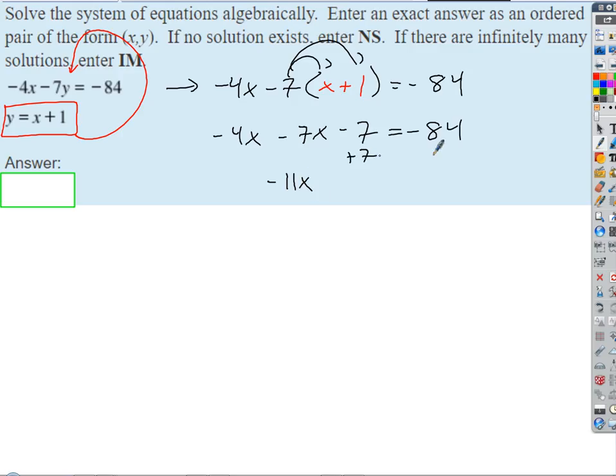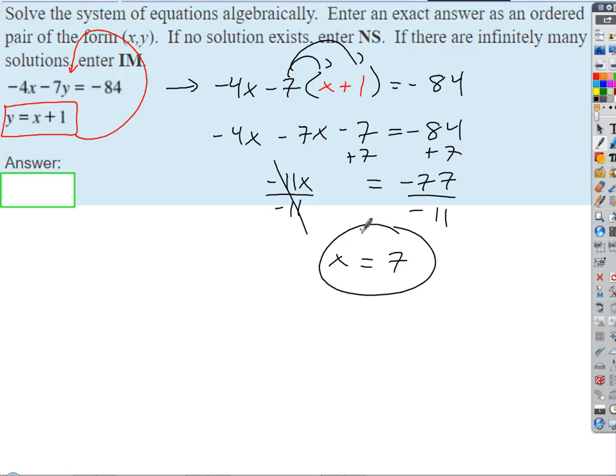I'll add 7 to both sides. What do I get on this side? -77. Right? And then last step? Divide by -11, right? And then I get x equals 7.